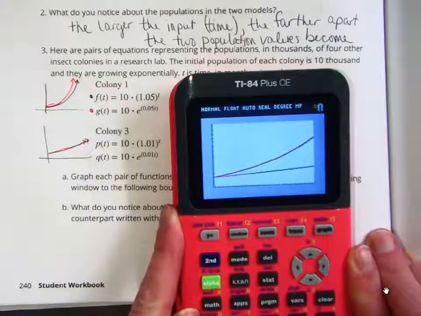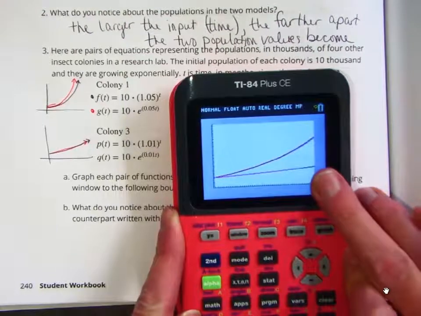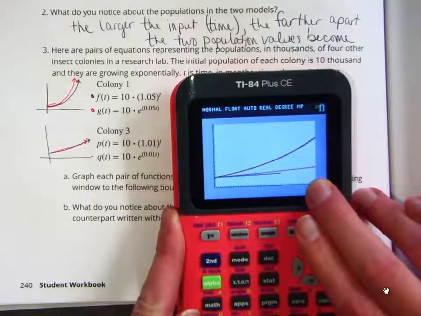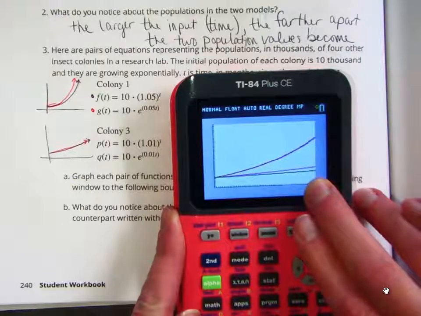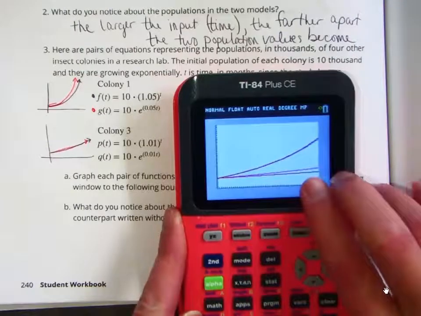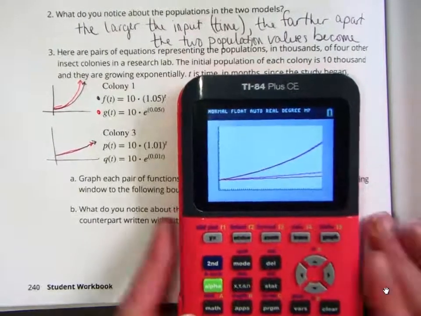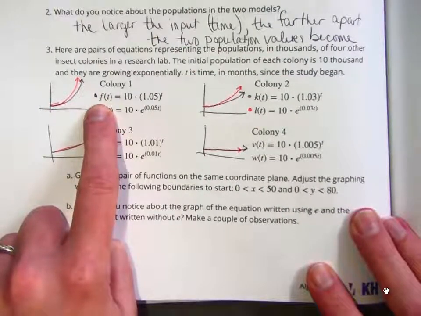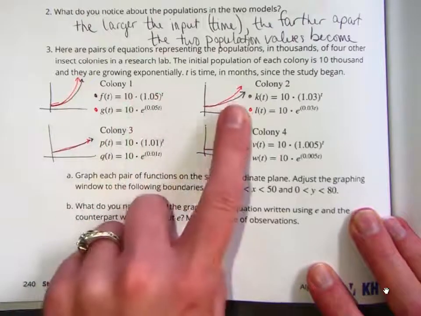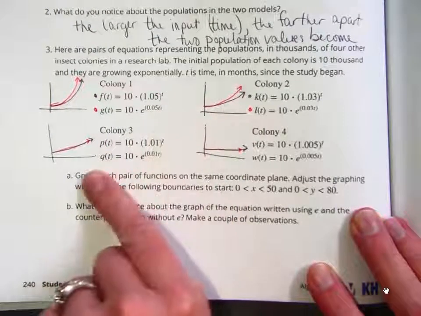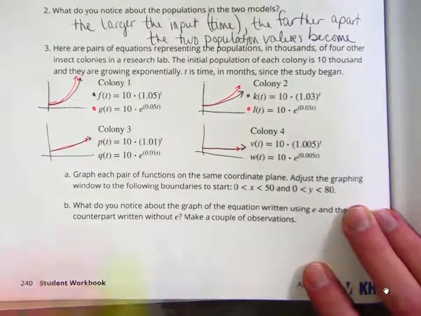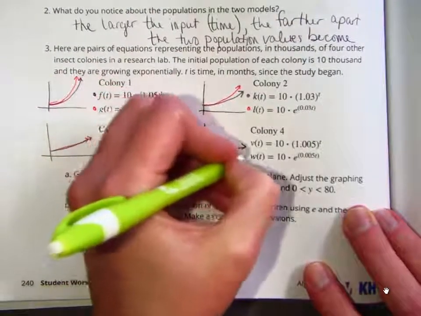Here come the next 2. Almost completely identical. And my last 2 for colony 4. They're like right on top of each other. You can see the color just coming right on top. So it seems like colony 1 is the farthest apart as we go along. Colony 2 gets a little bit far apart, and then colony 3 and 4 are almost identical, almost right on top of each other.